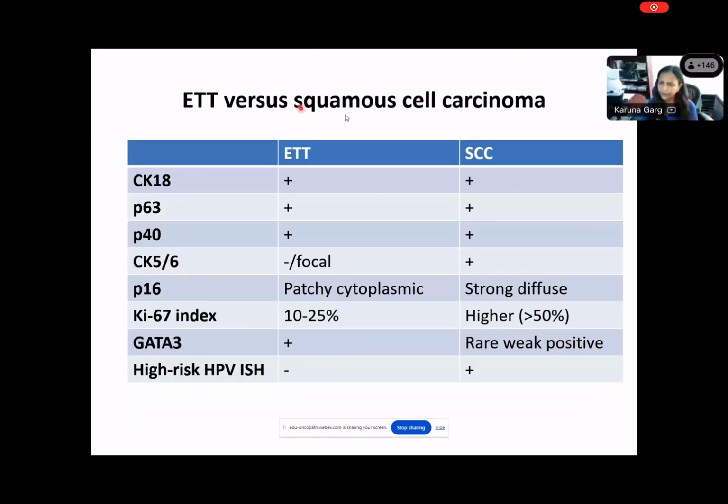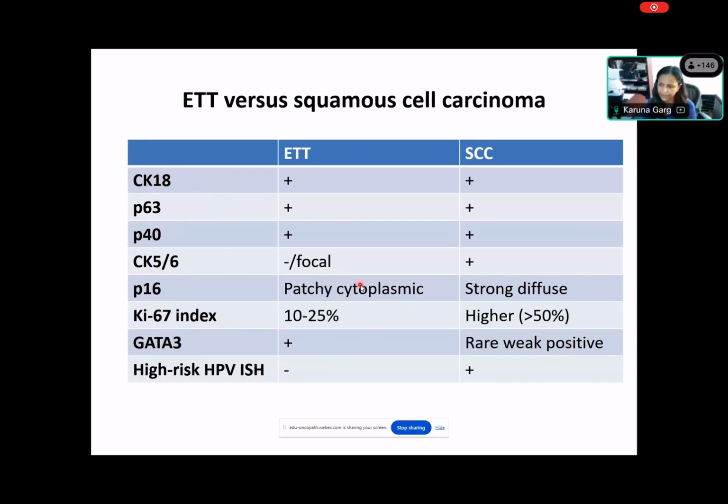This is what you can use if you're ever struggling with that diagnosis. Again, remember, both will be positive for cytokeratins. Both will be positive for P63 and P40. I think what we use in this scenario is P16, since almost all squamous lesions of the cervix are associated with high-risk HPV, so they'll be P16 positive.